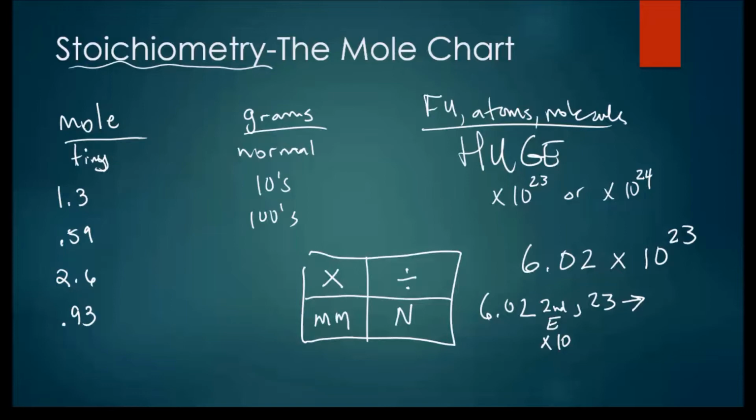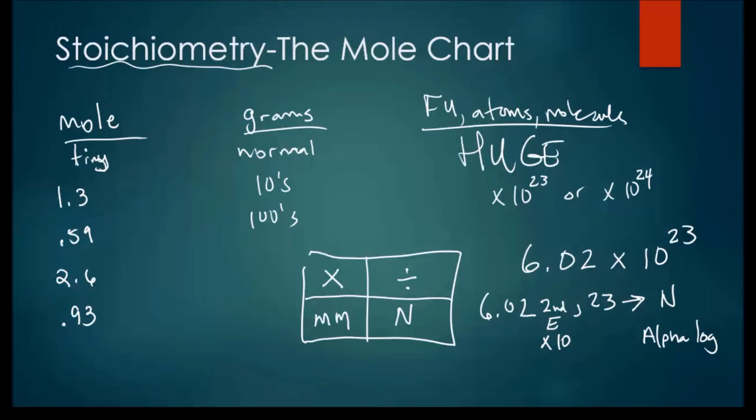Avogadro's number is symbolized by the letter N. So, hit the alpha button and then log. That should give you the letter N. Does it say 6.02 little e 23 arrow big N? Hit enter. Now, every time you say alpha N, the calculator will think 6.02 times 10 to the 23rd.